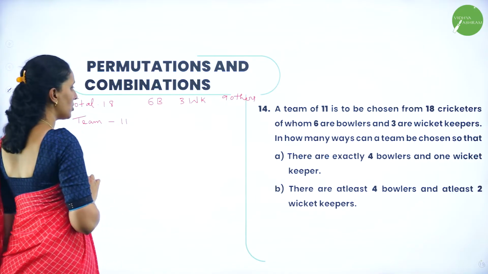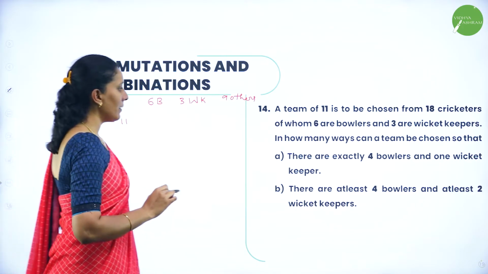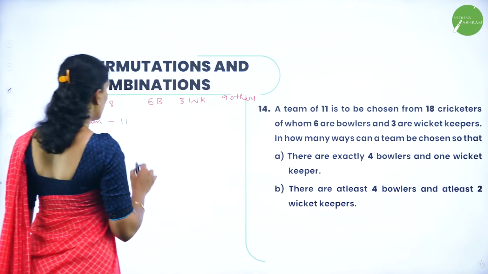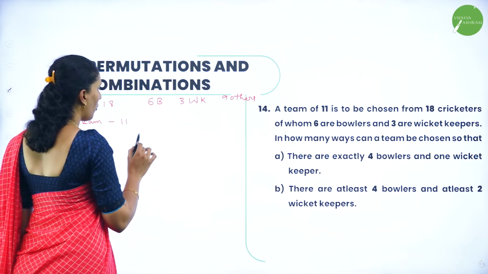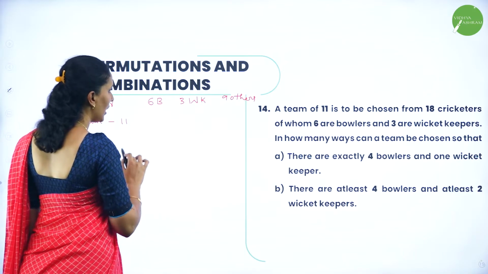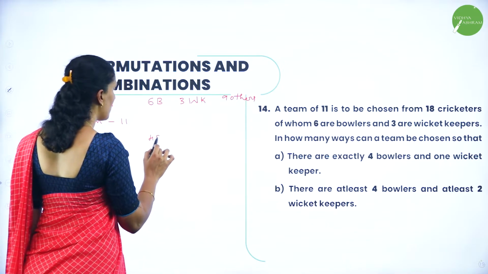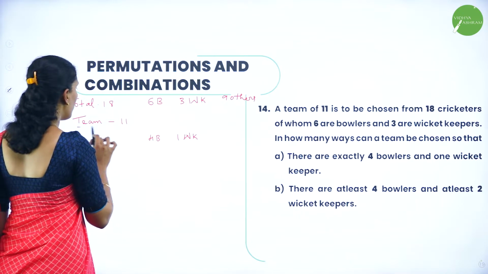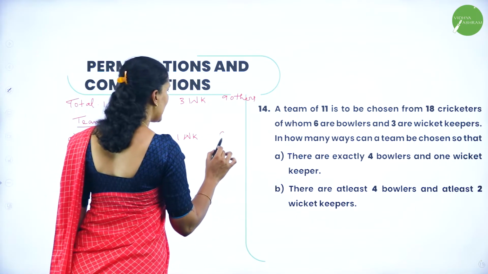For the first question, they say the team must contain exactly 4 bowlers and 1 wicket keeper. So that means out of 6 bowlers, we need exactly 4 bowlers, and 1 wicket keeper. Then to form a team of 11, we still need 6 members.